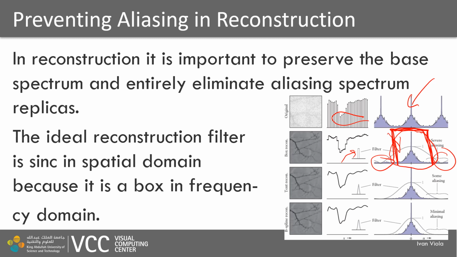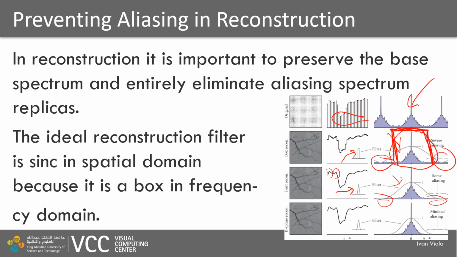If we are performing the linear interpolation with the tent filter, the situation will be much better. The support of the filter will be much smaller generally. There will still be some aliasing effects happening, which of course we can see here as the discontinuities in the first order derivatives.